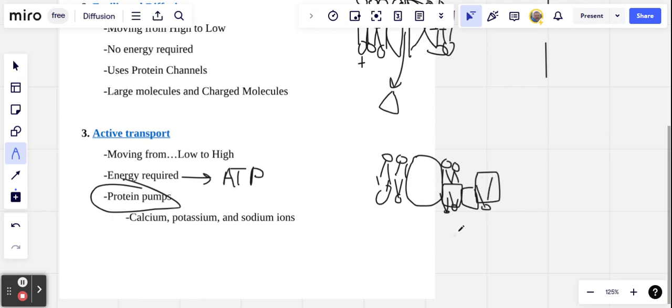And what happens is, a lot of times it sends an electron down through these. It's not as important to know all these little particulars about it. We'll probably look at it when we do cellular respiration in more detail. But what's really happening here is there's like this little, it's called an ETC, electron transport chain.